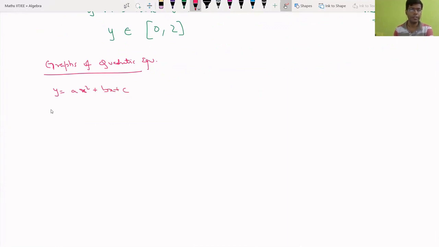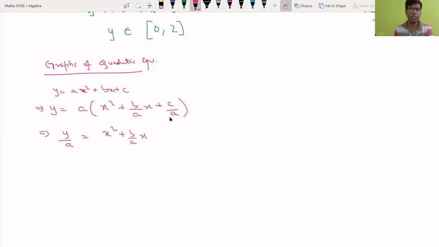So I can rewrite it as y is equal to a multiplied with x square plus b by a x plus c by a. Let me take the a on the other side. This will be y by a is equal to x square plus b by a x.